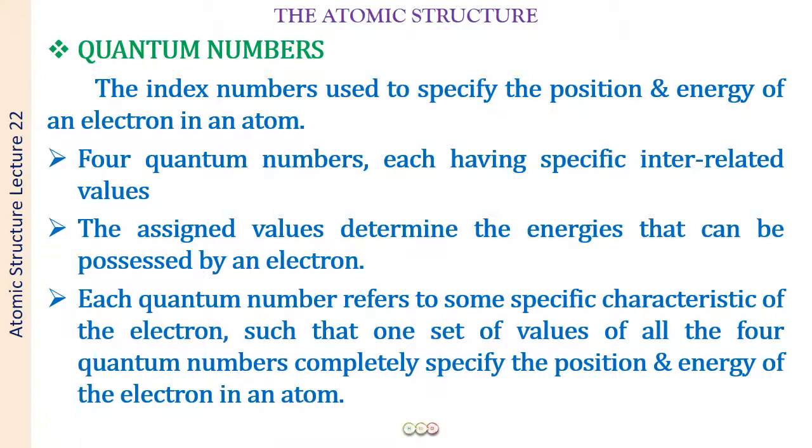And each quantum number refers to a particular character of the electron. In order to specify completely the position and energy of an electron in an atom, it is necessary to state the values of each of the 4 quantum numbers. So, let us learn one by one what these 4 quantum numbers are.